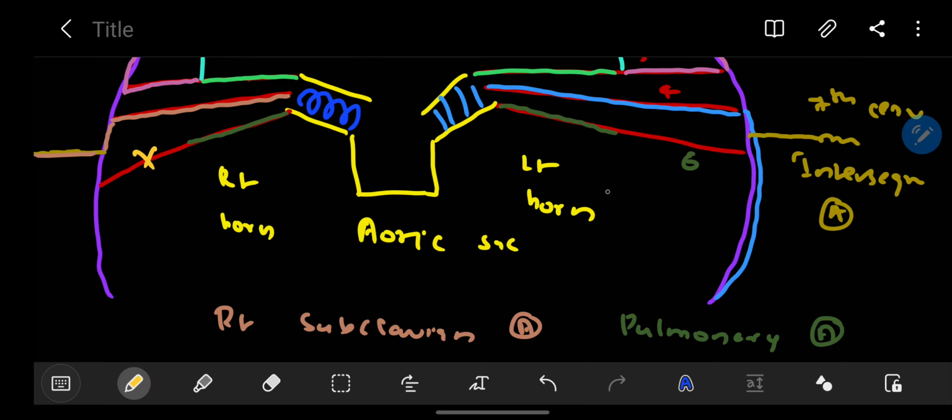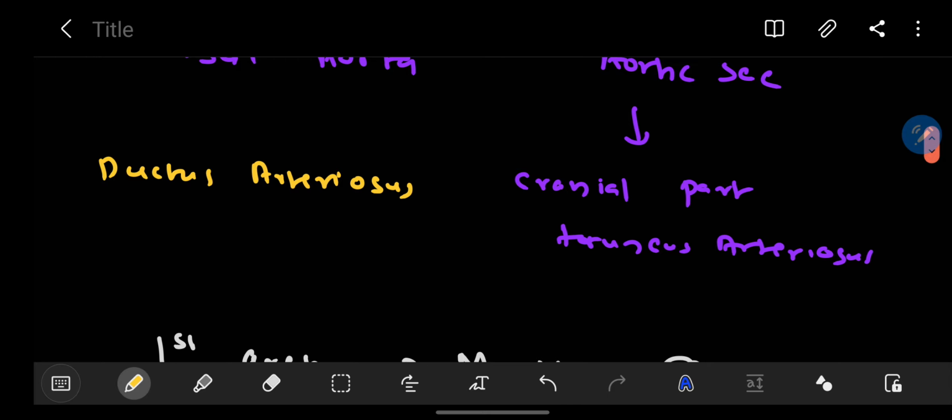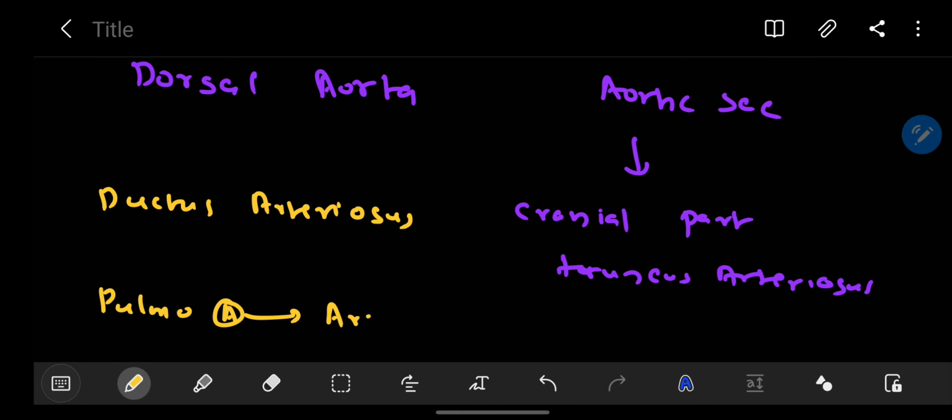Whereas the left sixth arch artery, distal part, will develop into the ductus arteriosus, and this ductus arteriosus will connect the pulmonary artery to the arch of aorta.